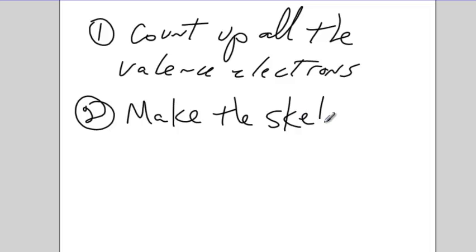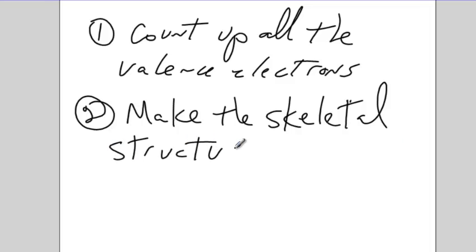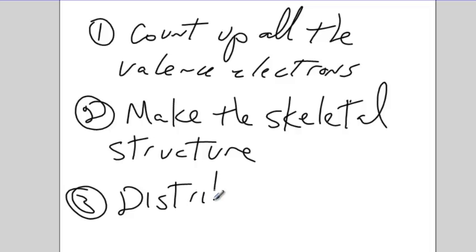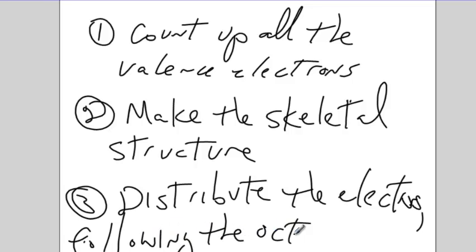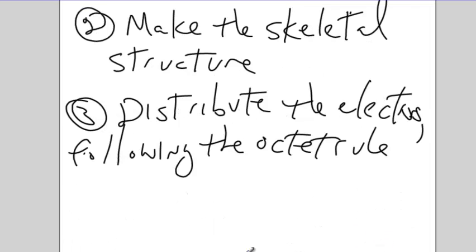That is, figure out which element is in the middle and what elements are around it. Then you're going to distribute the electrons following the octet rule if possible. Now we can break the octet rule, but see if you can do it without breaking the octet rule first.